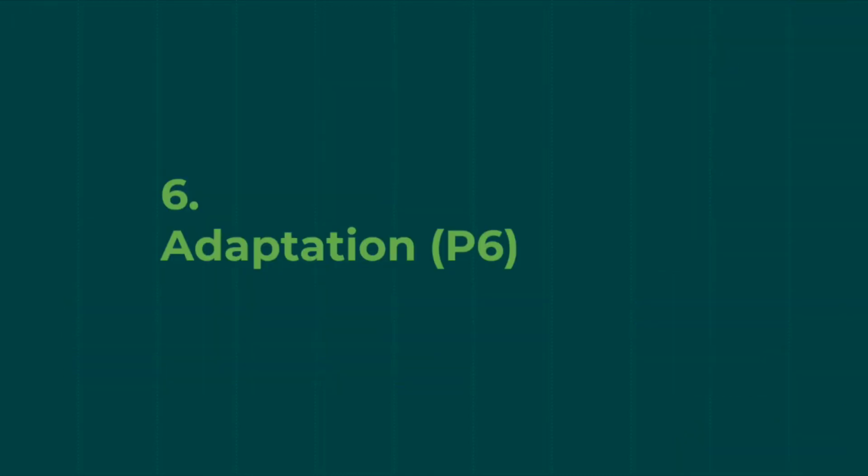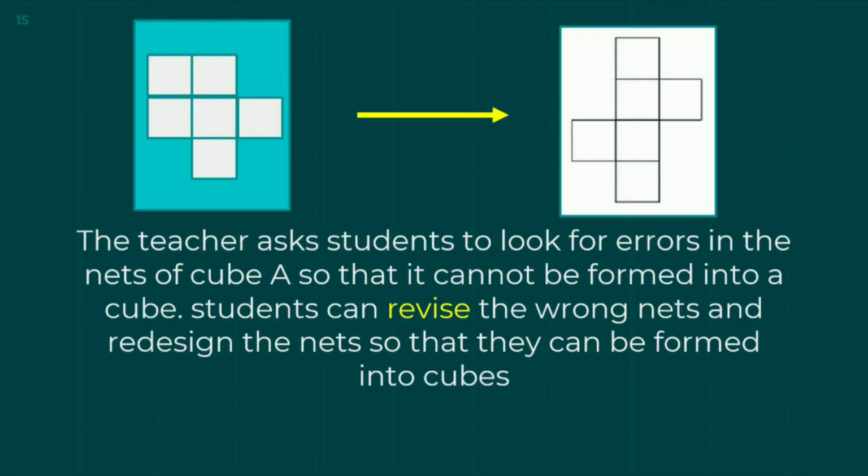The next level is adaptation. The example of adaptation is the teacher asks students to look for errors in the net of cube A so that it cannot be formed into a cube.